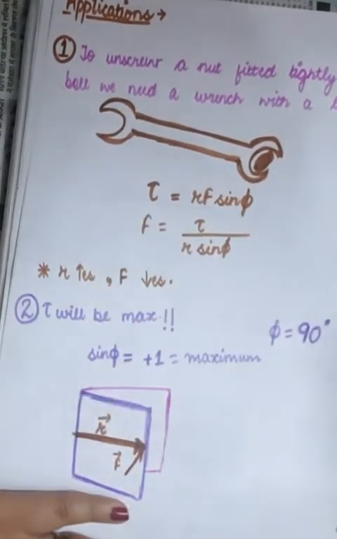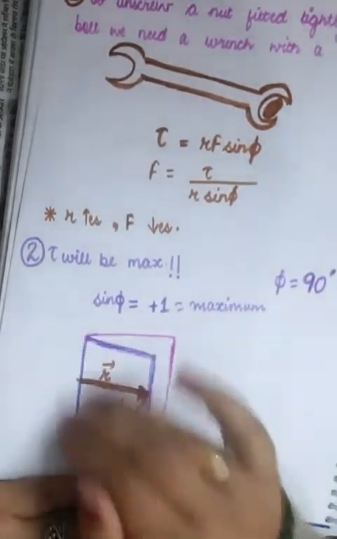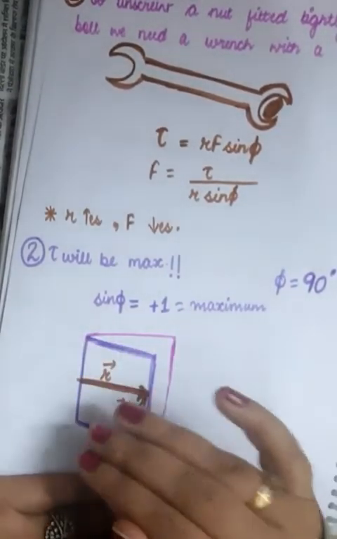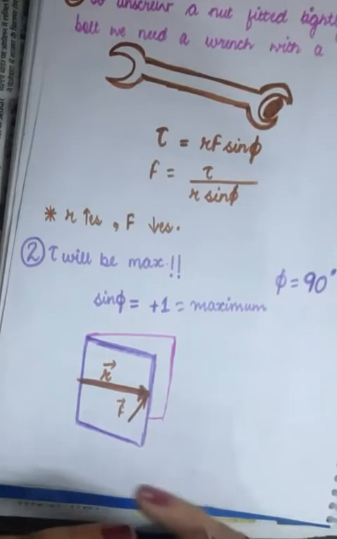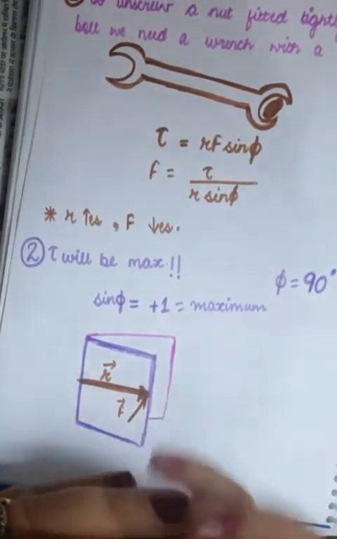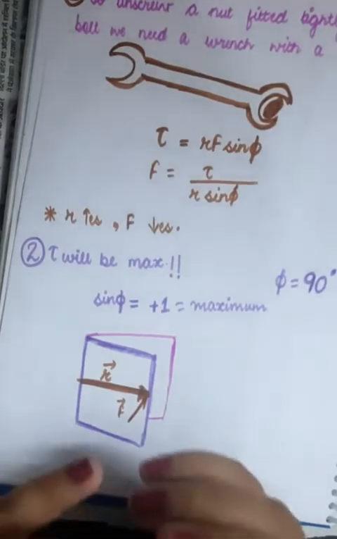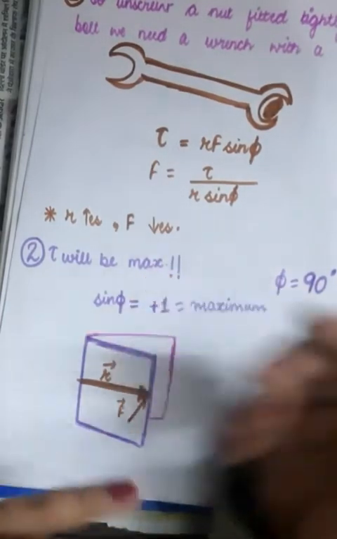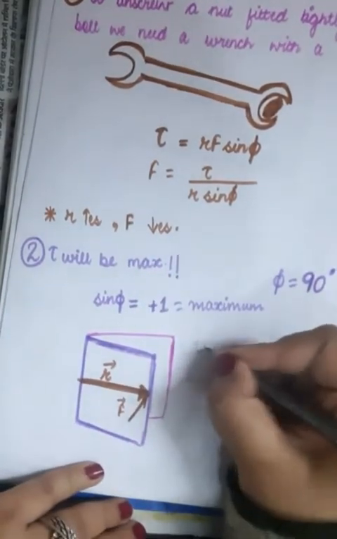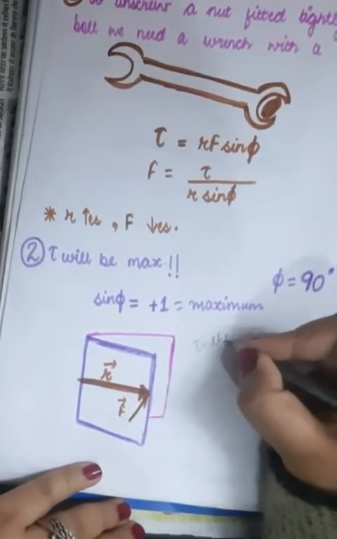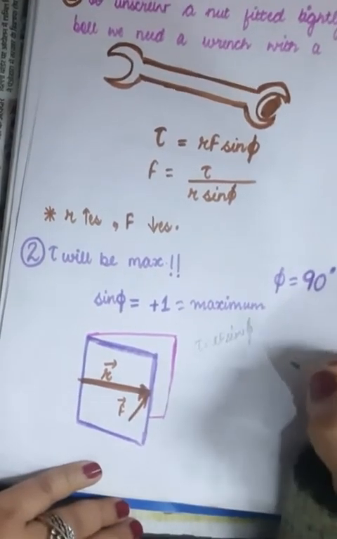Okay. Same way, you have a door here, right? So you need to discuss when the door will be most easily opened or closed. When torque is maximum. We know that torque is equal to Rf sine phi, right?